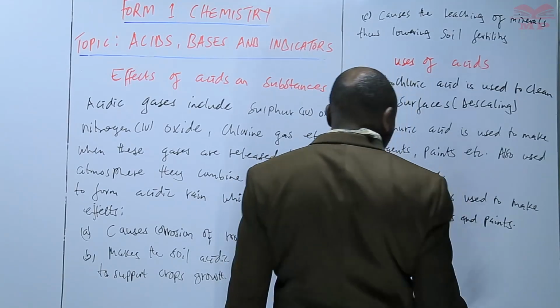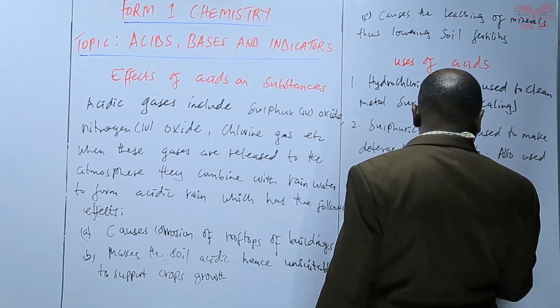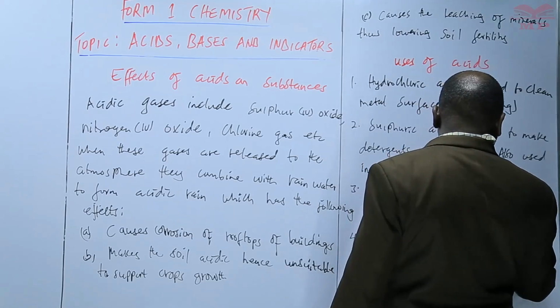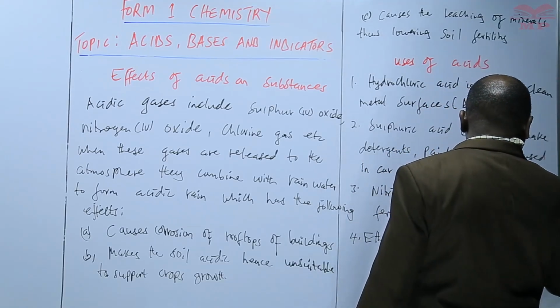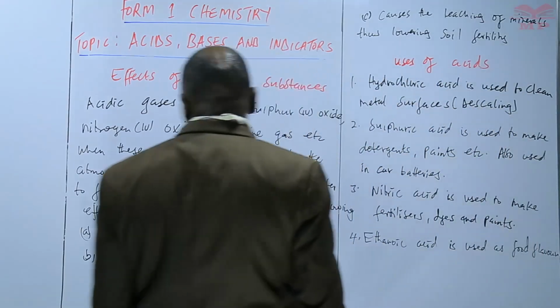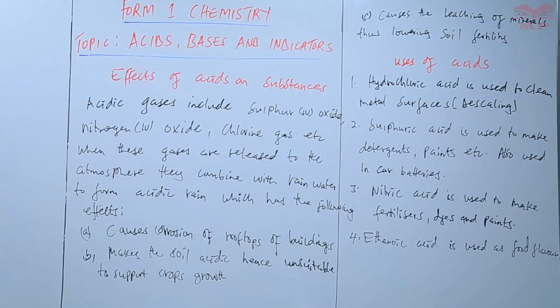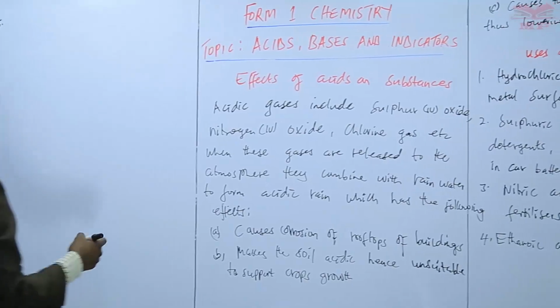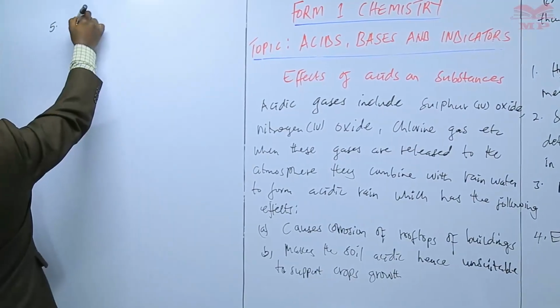ethanoic acid is used as food flavor, or is used in flavoring foods. Number 5, we have very many acids that have very many uses.